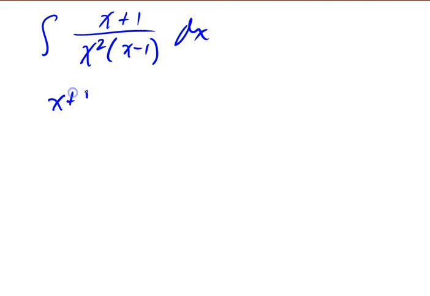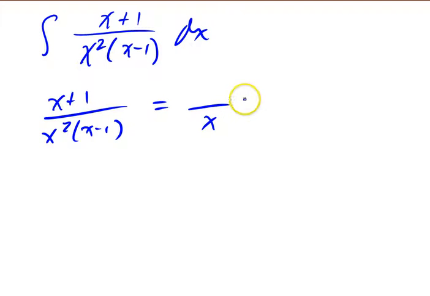When I look at this, x plus 1 over x squared times x minus 1, it has 3 factors in the bottom. It has an x, it has another x, and it has that x minus 1. So when you have that repeated x and x, then I need an x and an x squared here. And then I'm also going to need an x minus 1 in the denominator.